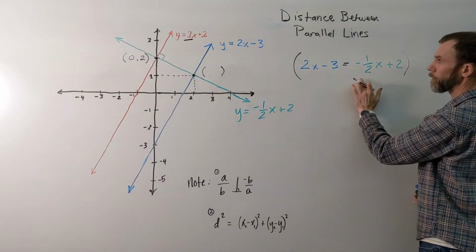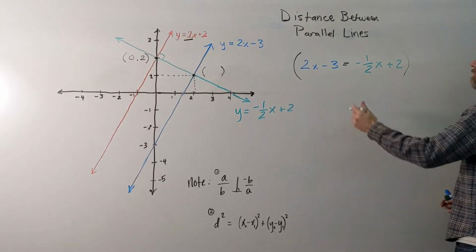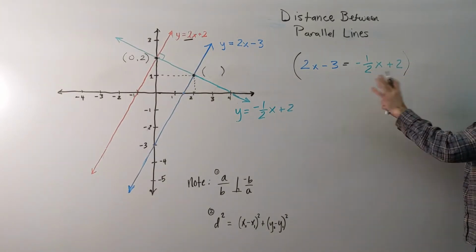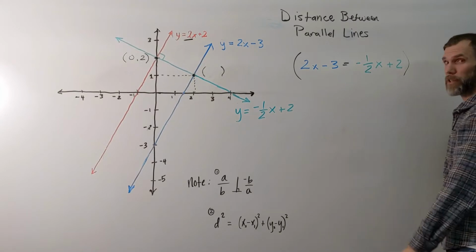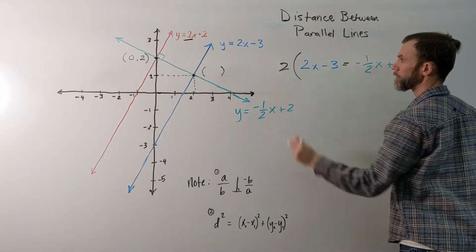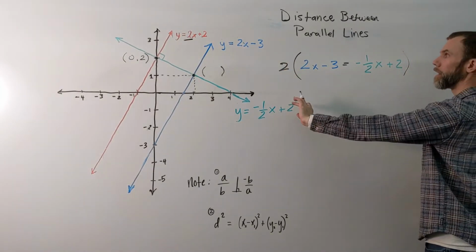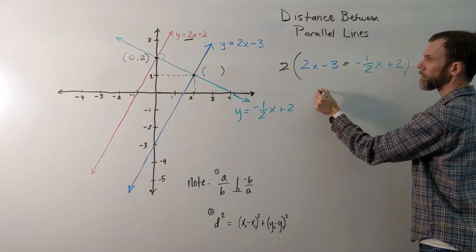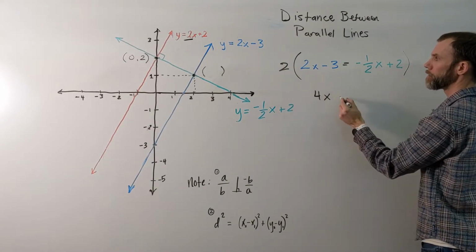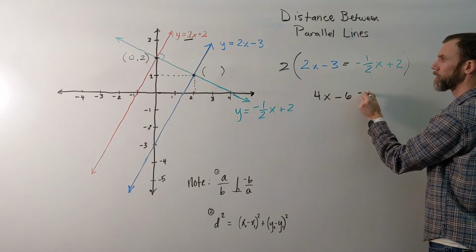Now to solve this algebraically, there's lots of things you could do here. You could add 1/2 x to both sides, and then add 3 to both sides to get the x's to one side. But I like to do this, and I'll show you why. 2 times 2x is 4x. 2 times negative 3 is negative 6.